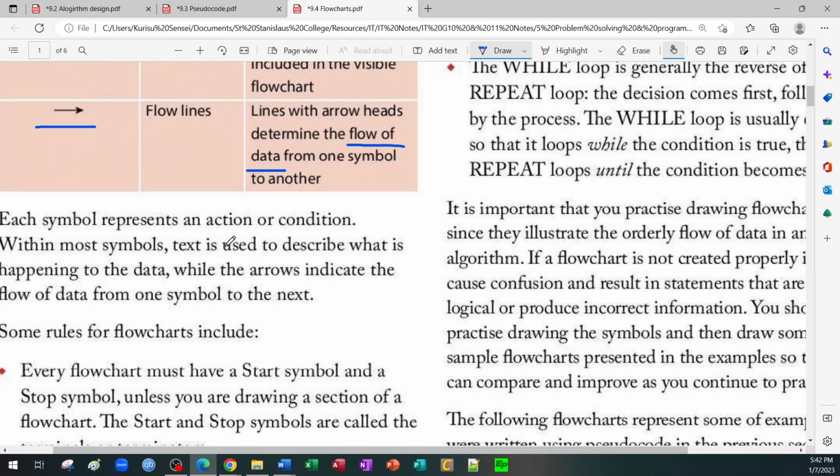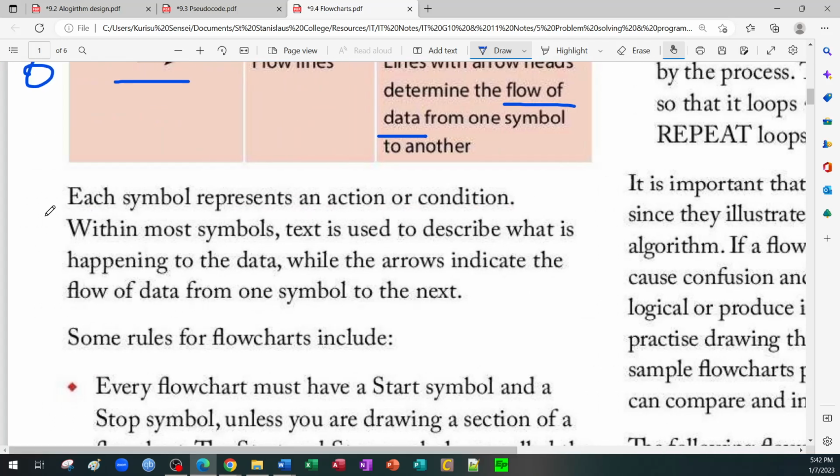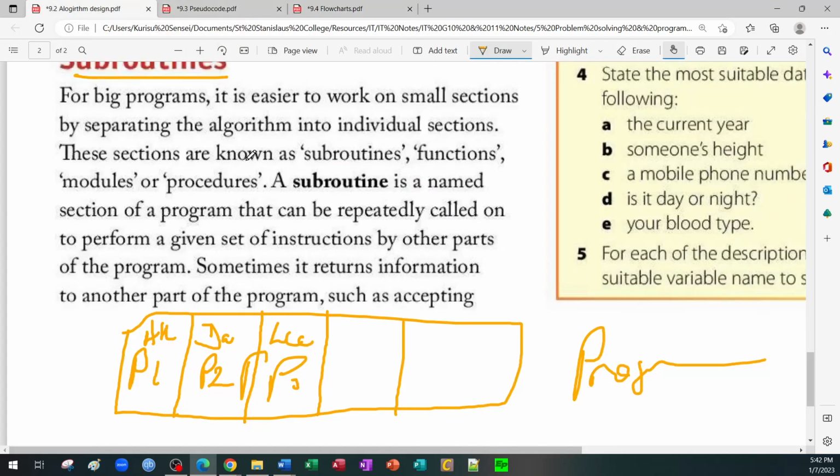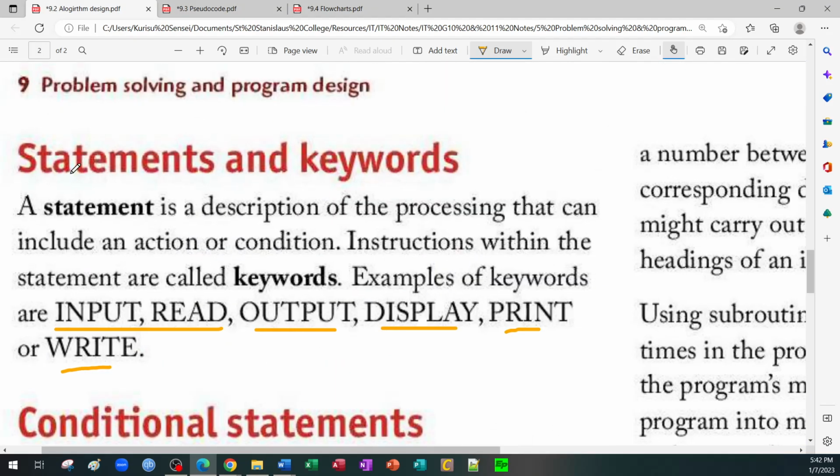Alright, let's move on to the next paragraph. So, each symbol represents an action or condition. Now, let's compare that to pseudocode. What we would have learned in pseudocode is that pseudocode is made up of statements and keywords. And what is a statement?